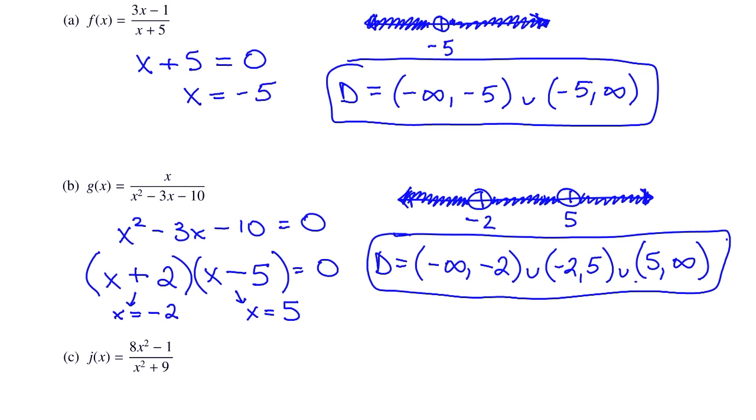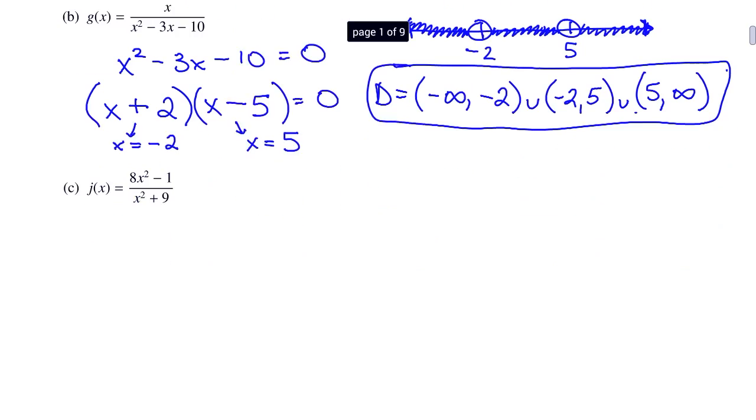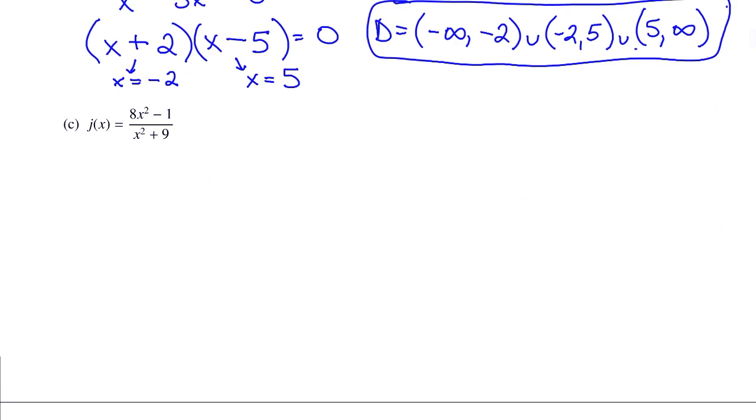Let's look at example C. j of x is equal to 8x squared minus 1 over x squared plus 9. You want to find the domain. So you set the denominator equal to 0. X squared plus 9 equals 0. To solve this, since there's only one x variable here, I'll move the number to the right side. And we have x squared is equal to negative 9.